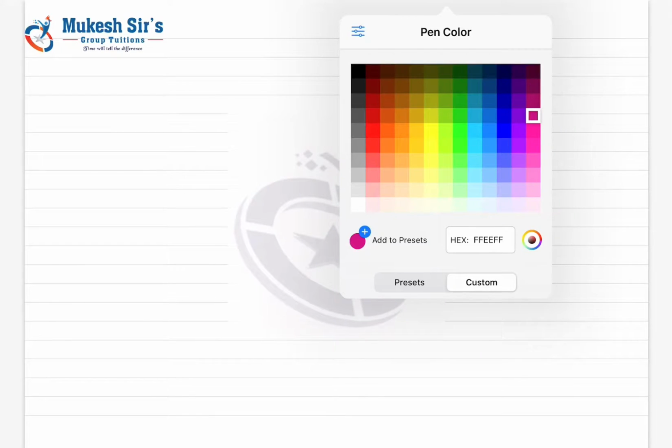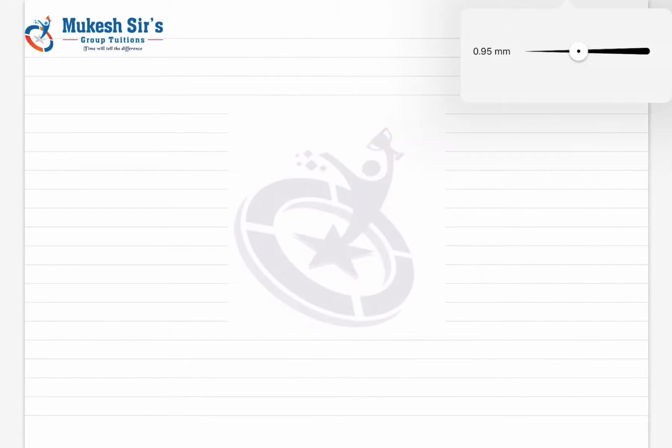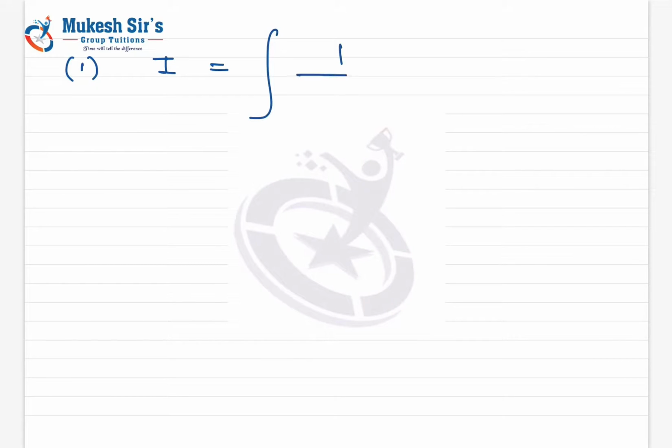Okay, so we solve one sum based on this now. A few questions, examples. Let's have the first example. You have integration of 1 upon 1 plus sin 3x dx. So here the conjugate of the denominator is 1 minus sin 3x, right?